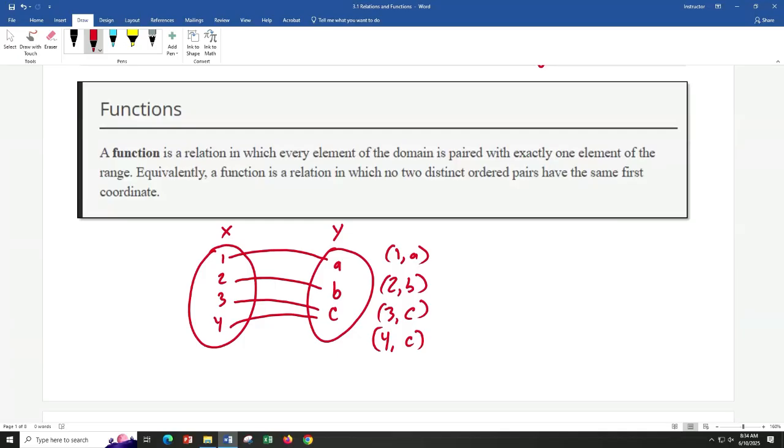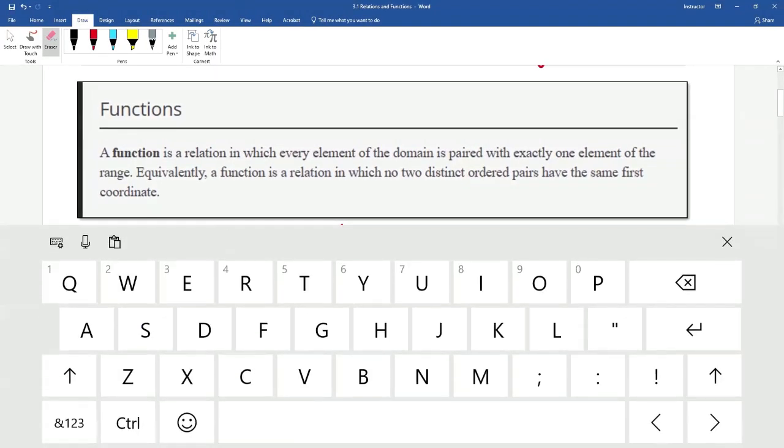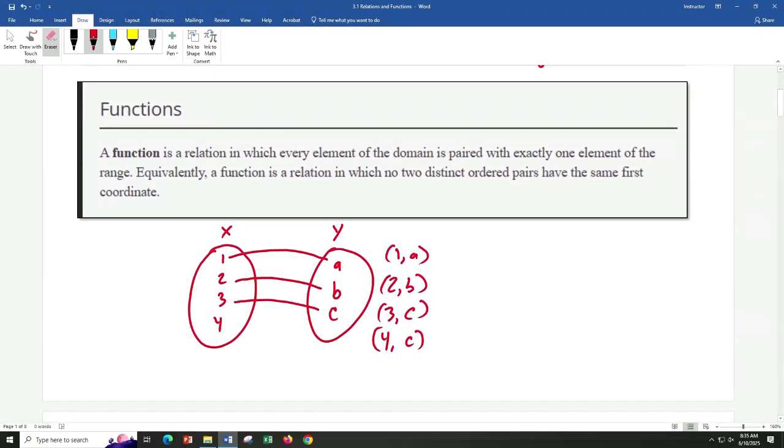But then here's where you get a problem. What if I have something like 4 to C, and then 4 to B?